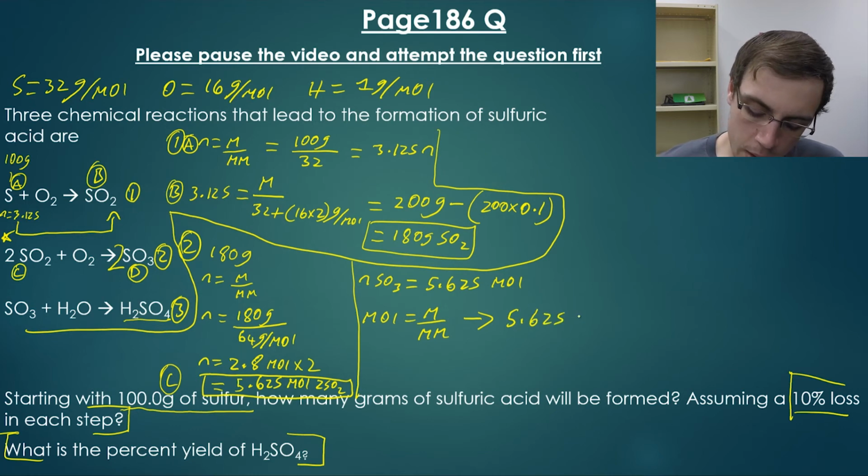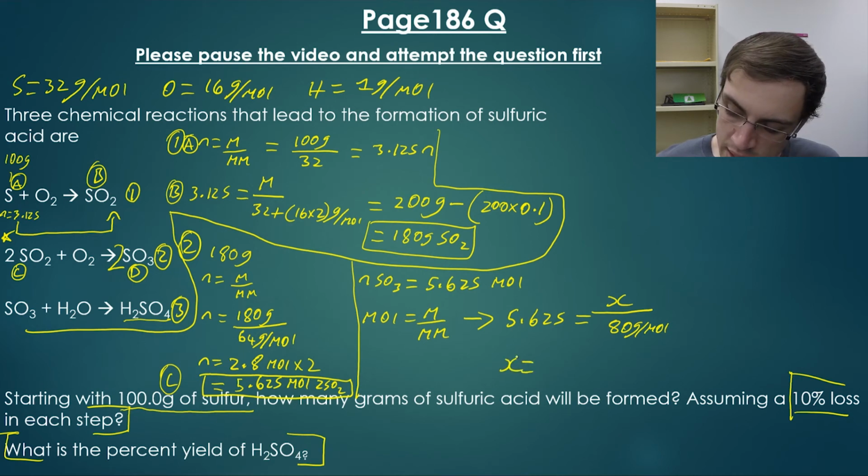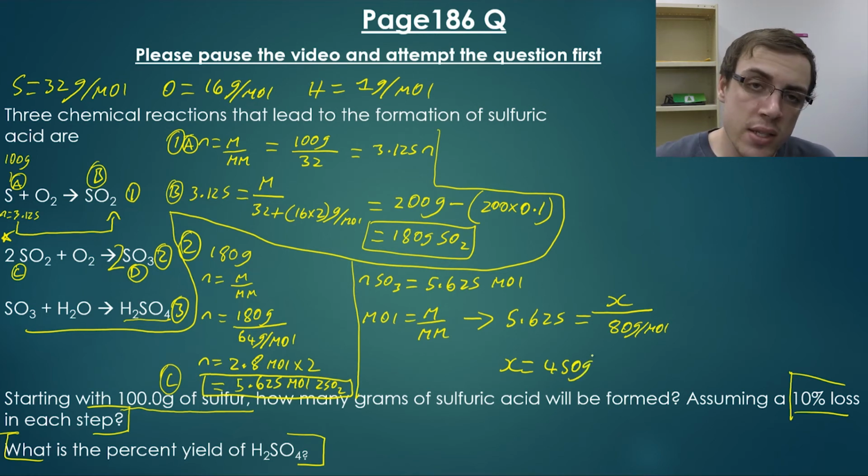5.625 is equal to the mass, which we don't know. So the mass is X divided by the molar mass of SO3. So we have 80 times 5.625, which means that our total mass is going to equal 450 grams. Now, again, we need to take a 10% loss.